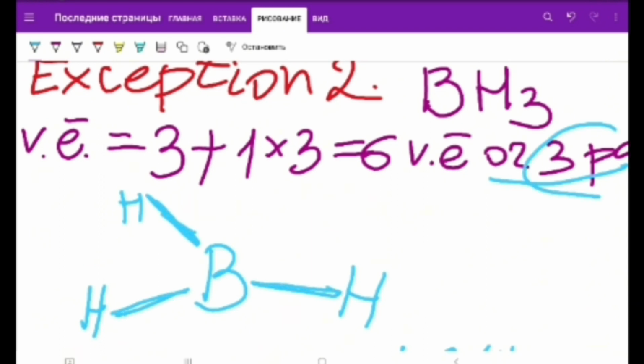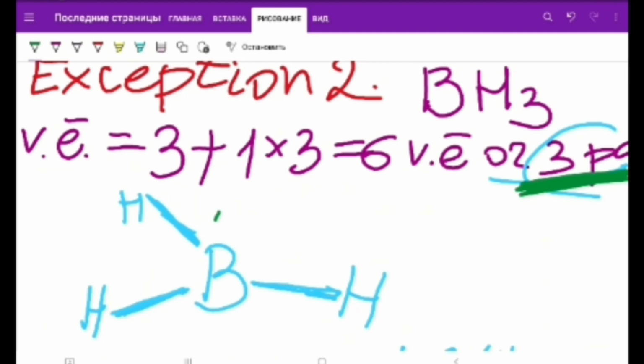The octet rule considers having 4 pairs around it. For boron, we see that there are only 3 pairs, so 6 electrons. We cannot add one more lone pair on boron, because in this case we would get 4 pairs, but we have only 3 pairs. So there should be only 3 pairs. So it's correct.